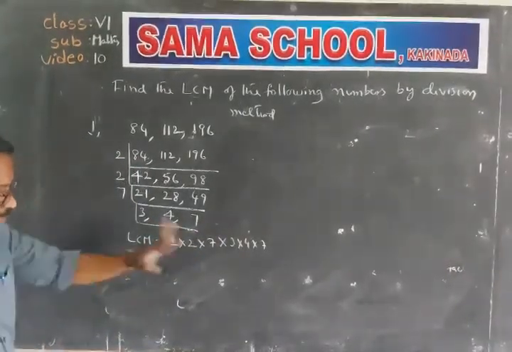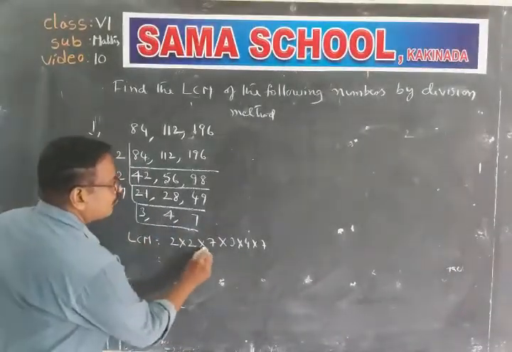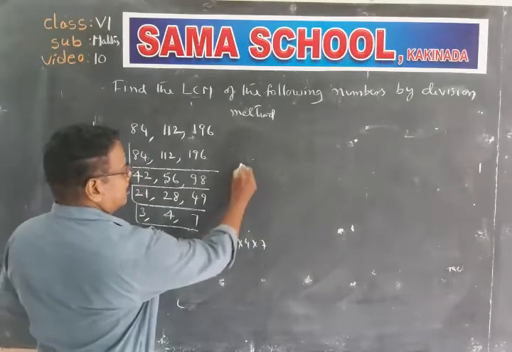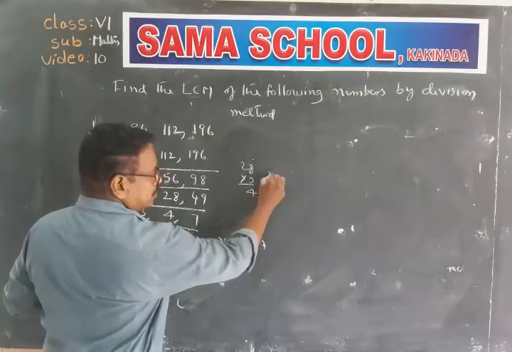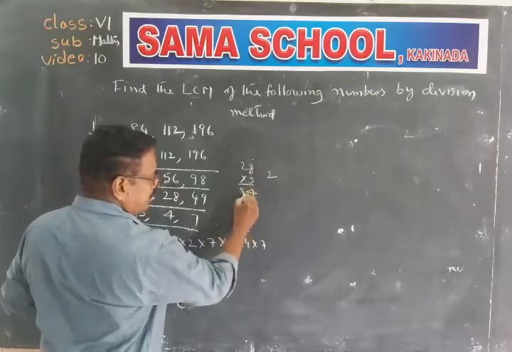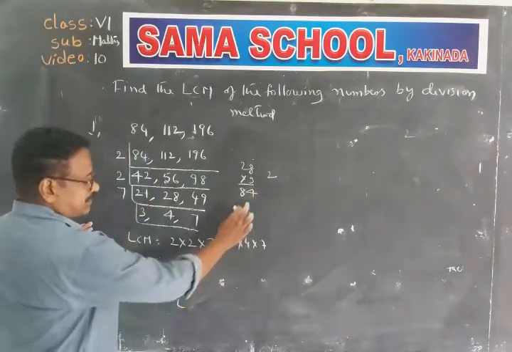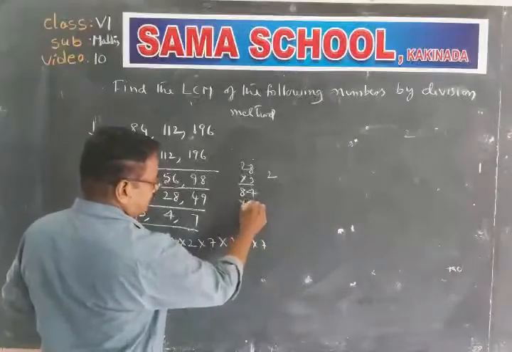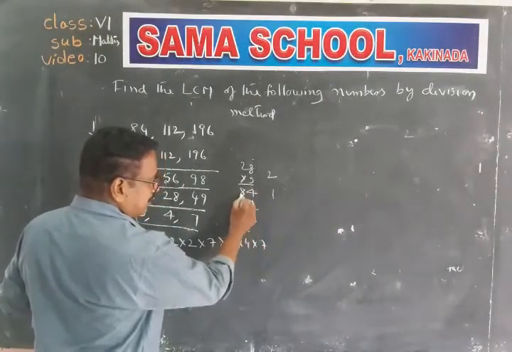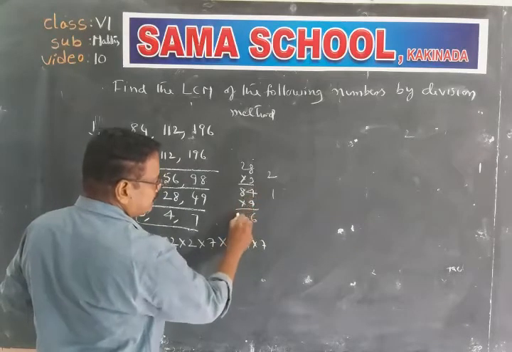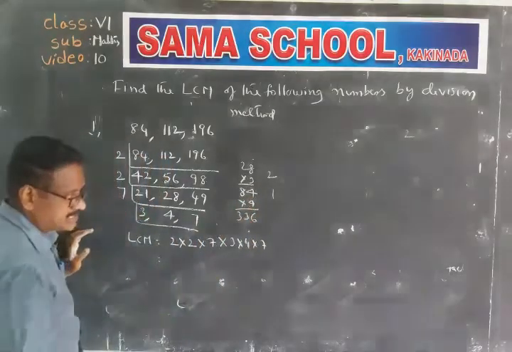Now we multiply these numbers. 2 twos are 4, 4 sevens are 28, 28 threes are 84, 84 fours are 336.